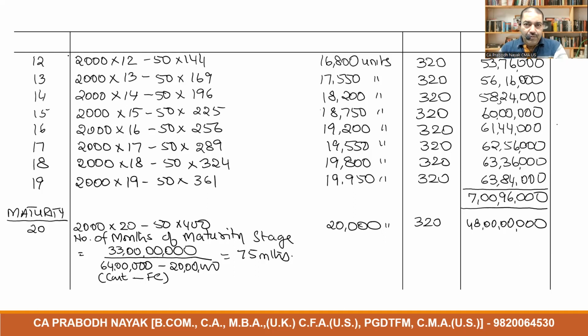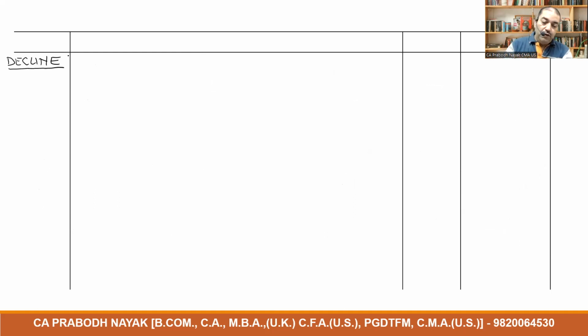So from the 20th month, 75 months, it will be up to the 94th month. From the 20th month to the 94th month will be the maturity stage. From the 95th month, the decline stage starts.